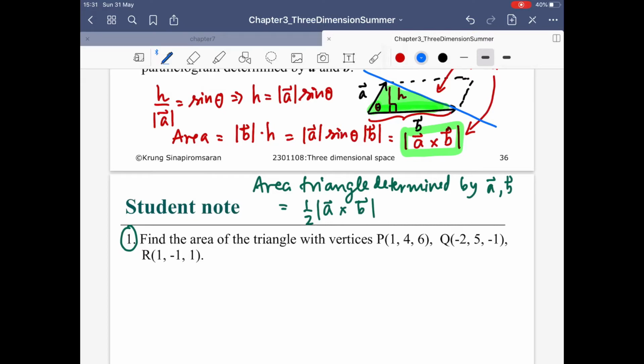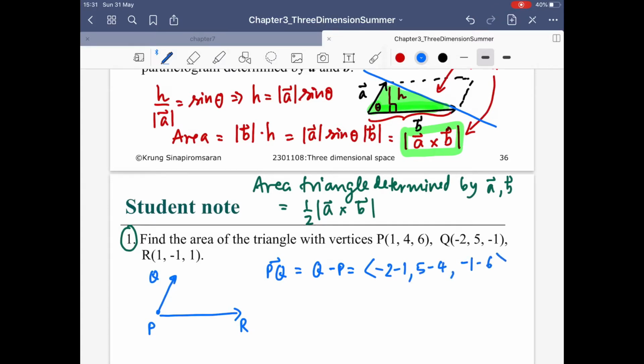Let us call this P, then go to Q, and then go to R. What we have to find is PQ, which is again Q minus P, don't forget. So your Q is -2, 5 and -1, your P is 1, 4 and 6. So you get -3, 1, -7.